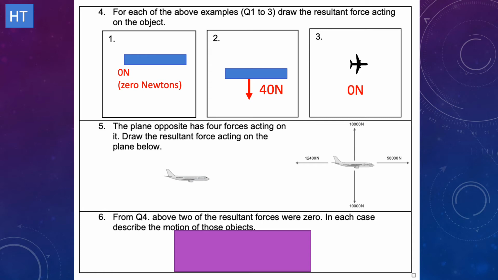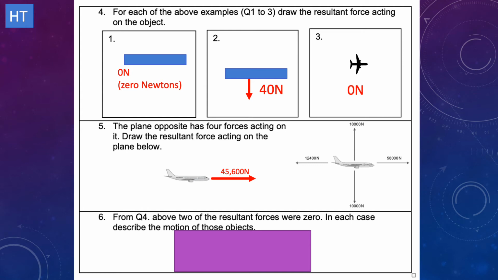And when you subtract 12,400 from it, then you get 45,600 newtons to the right. Okay? So there's your answer there. And remember that resultant force will always be just one force. So quite lucky here that your upthrust and your weight are exactly the same, because otherwise we would have to work with diagonal forces.